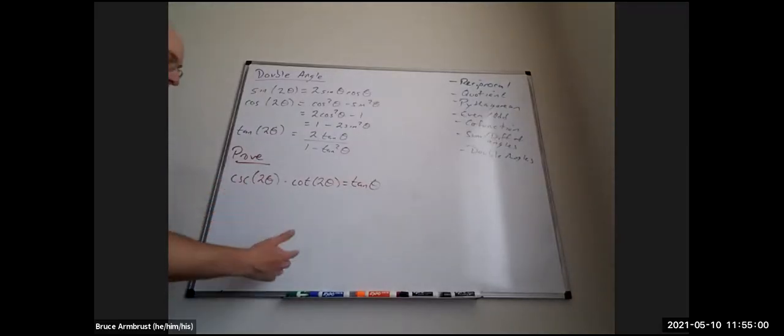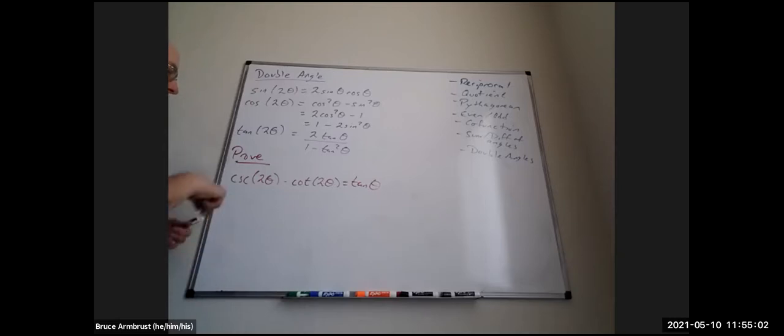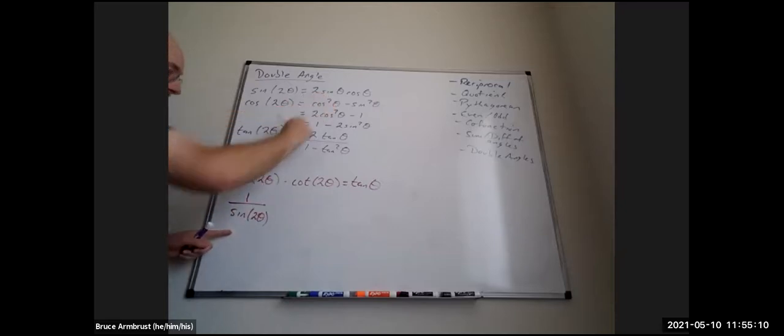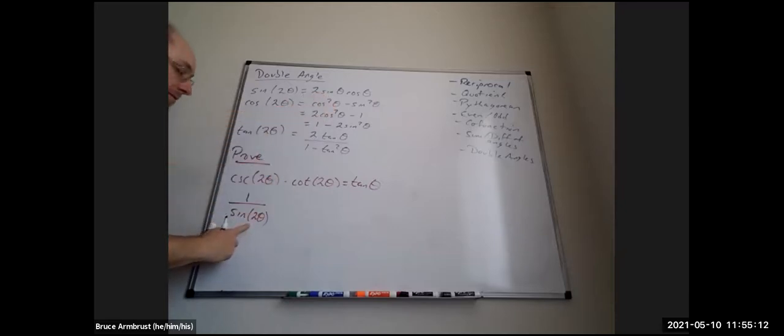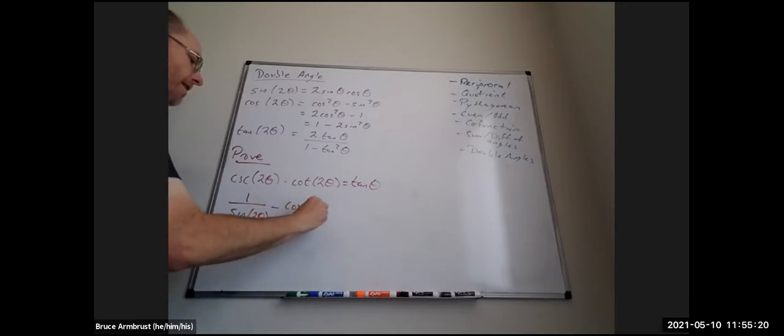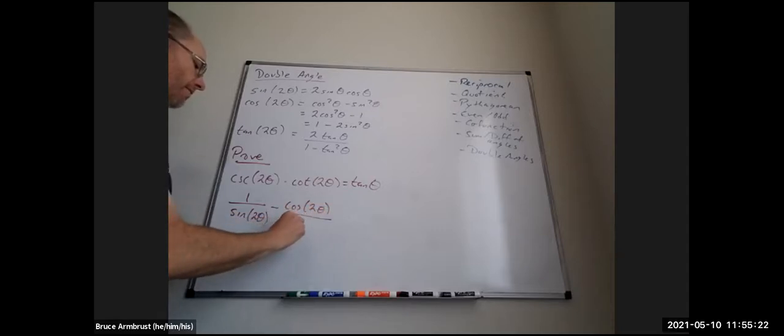So cosecant, we know cosecant is 1 over sine. If nothing else, that gives us an identity that we can fire in here for sine of 2 theta. And then cotangent, in terms of sine and cosine, is cosine of 2 theta over sine of 2 theta.